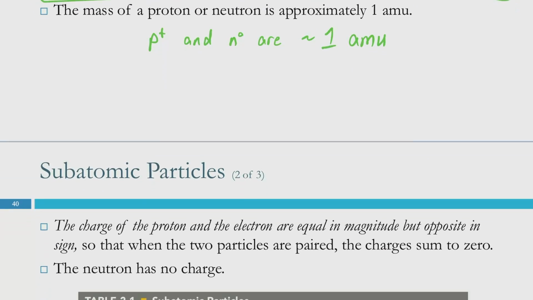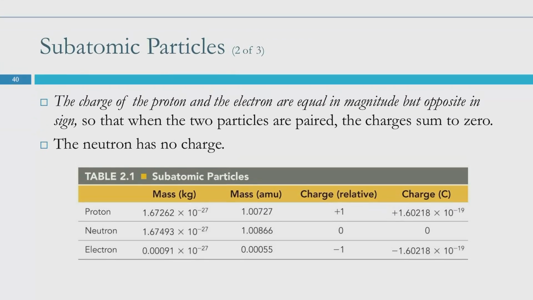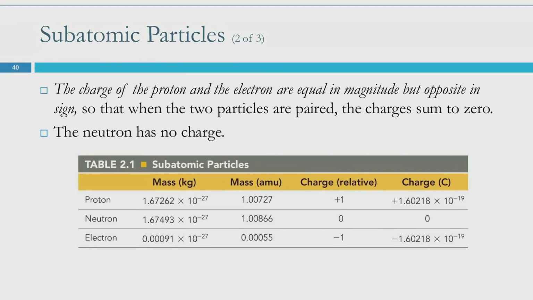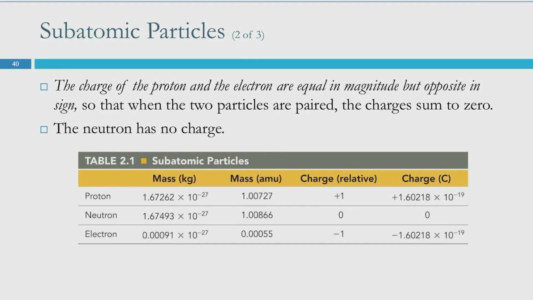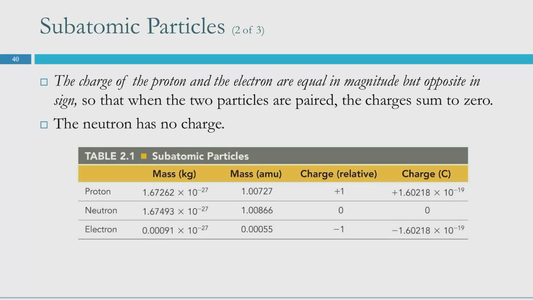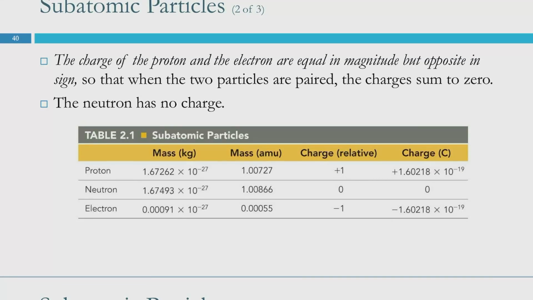More subatomic particles. The charge of our proton and electron, we talked about this already. They're equal in magnitude, so in terms of their strength they're equal, but they're opposite. The proton's positive, the electron's negative, and they cancel each other out when you pair them together, and the neutron has no charge. Here's a table from our book. We've got our different particles, their masses in kilograms, and their masses in AMUs.